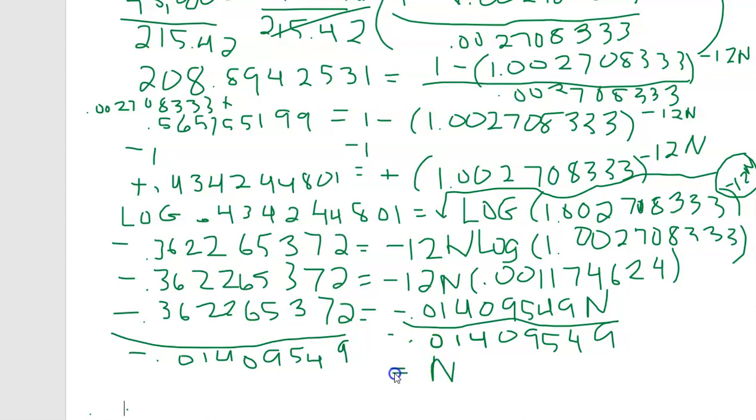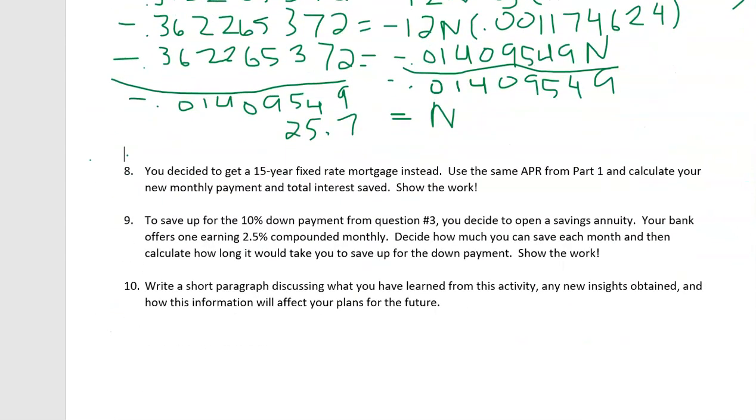All right, so when I put the left-hand side in my calculator, I get 25.7. So I've saved 4 years and some months there by adding 10% to my payment. Okay, now let's go to number 8, and again, I'll make a new video here.